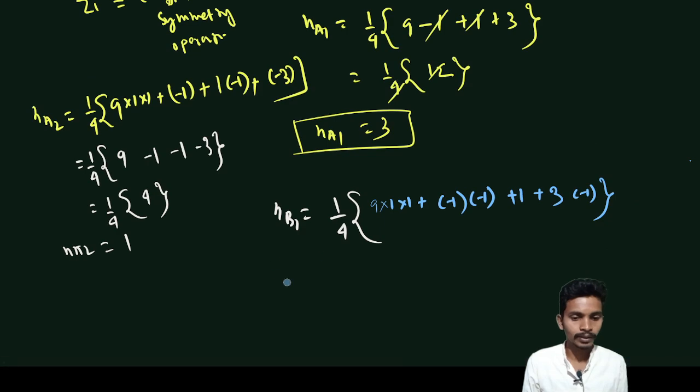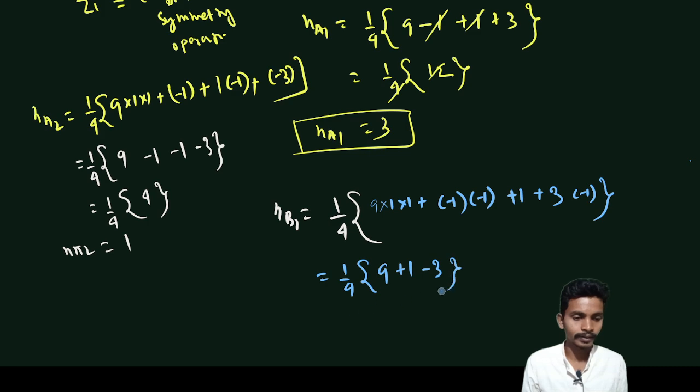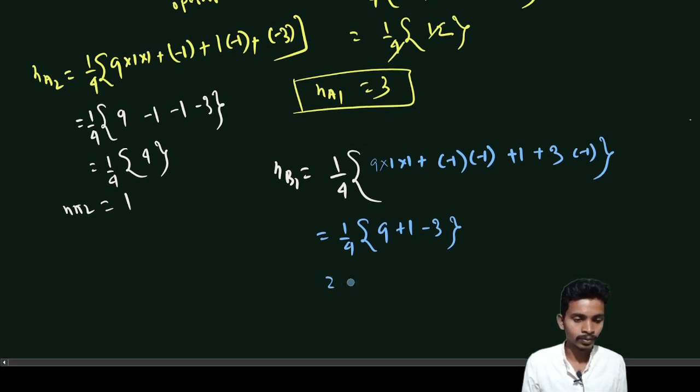So if you calculate it, then we will get 1 upon 4, this is 9, and this is plus 1, and this is going to be minus 3. So if you calculate it, 1 upon 4, this 9 minus 1, 10, there is 7.